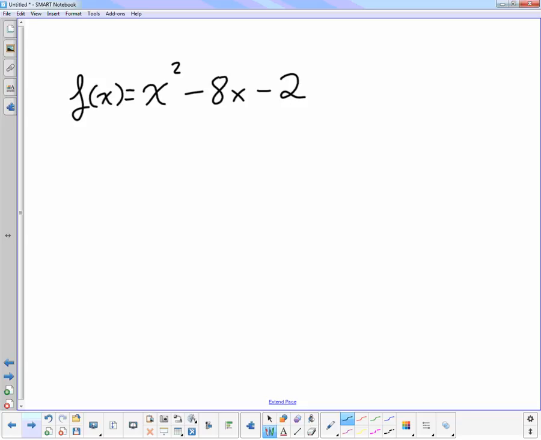What we're going to do is find the maxima and the minima, if they exist, and see what we can find. First of all, f prime, there's my notation for the first derivative. Using the power rule, this becomes 2x minus 8. Agreed? We're going to set that equal to 0, and now x is equal to 4.